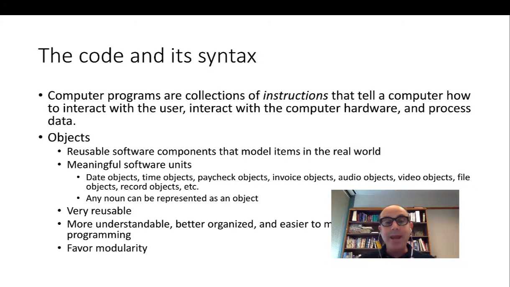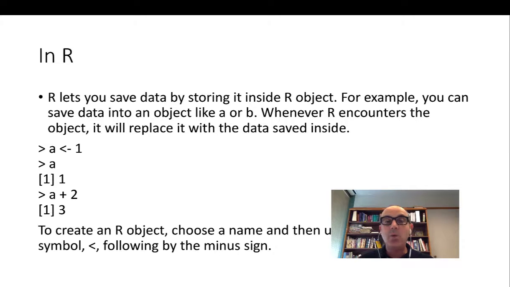It is a meaningful software unit, considered to be a data object, such as a time object, a paycheck object, an invoice object, etc. They allow us to organize or maintain a procedure in the programming environment, and that is part of the reason why we have a very strong emphasis on that in R.